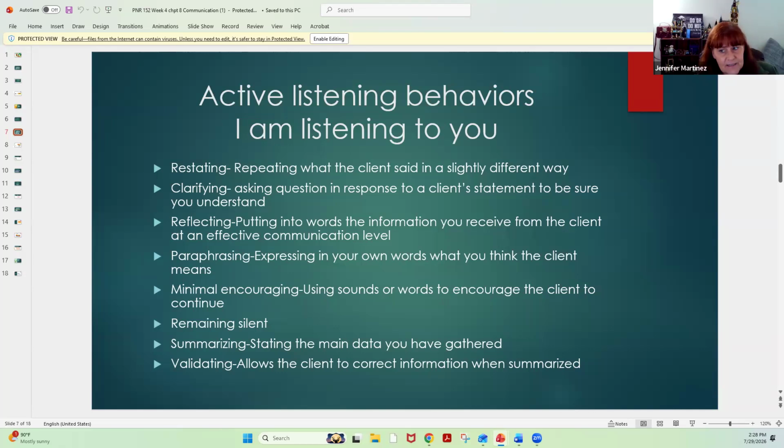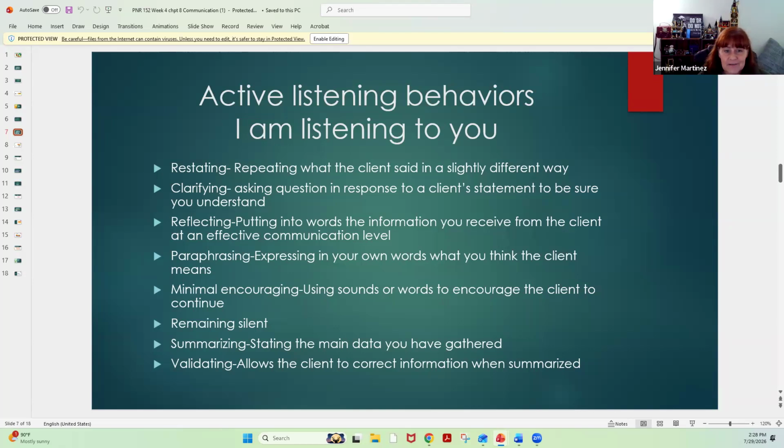Then we have silence. This is probably one of the hardest ones for a lot of people. Silence, or remaining silent, is using pauses effectively. A lot of us, when we're having a conversation with somebody other than maybe family or friends, where we're a little bit more comfortable, generally want to fill that silence, right?